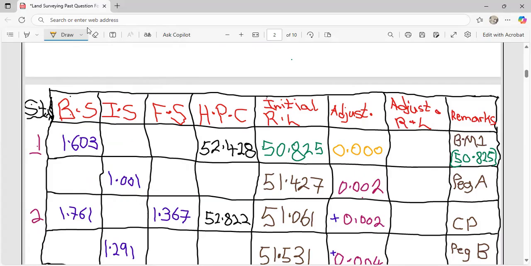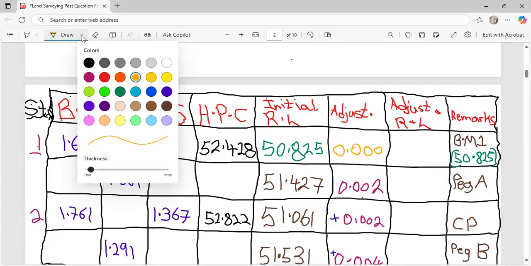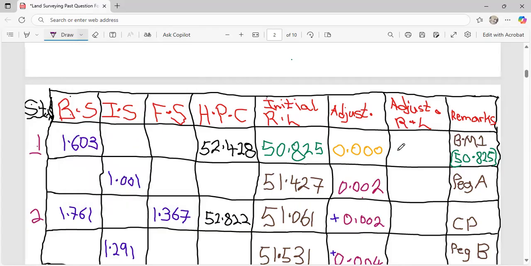In filling in the adjustment reduced level, we have to apply certain concepts from previous lectures to make life very much easier for ourselves. Good. So this is a positive value. These are all positive values.